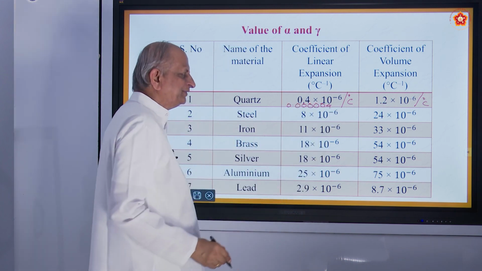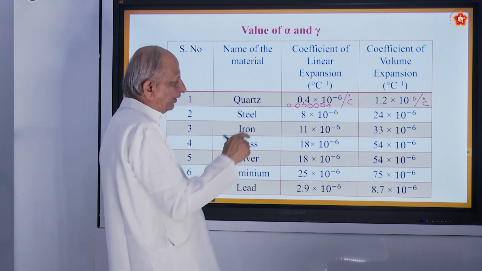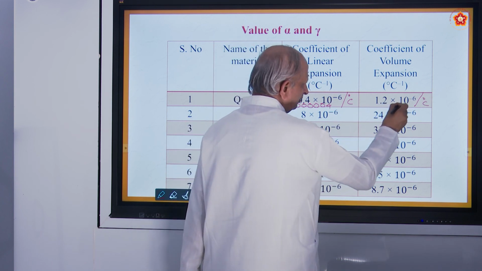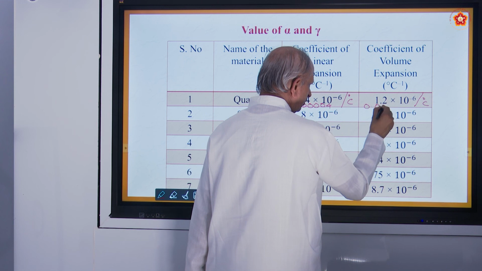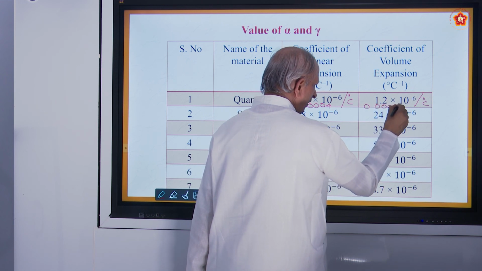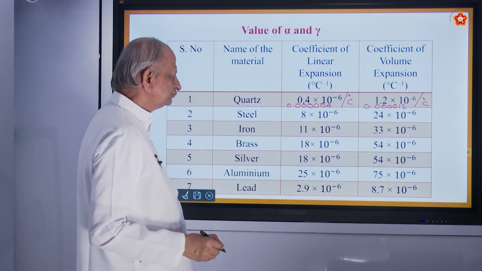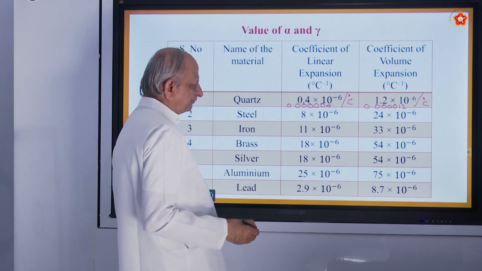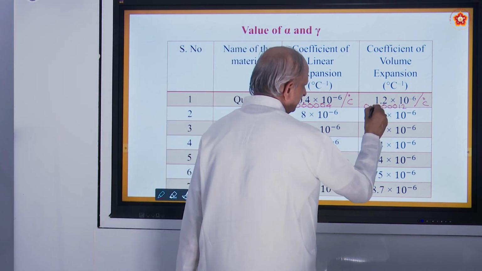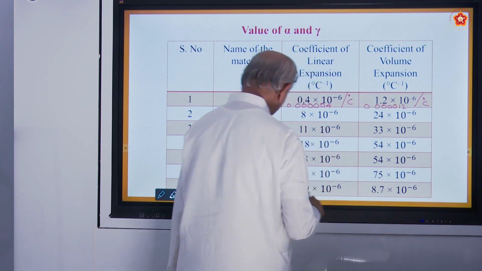That much expansion if you raise by 1 degree Celsius. And volume is 1.2 into 10 to the power of -6, which means 0.0000012. That is the meaning. Okay. So for every degree Celsius, so much temperature, so much expansion, you will see that.